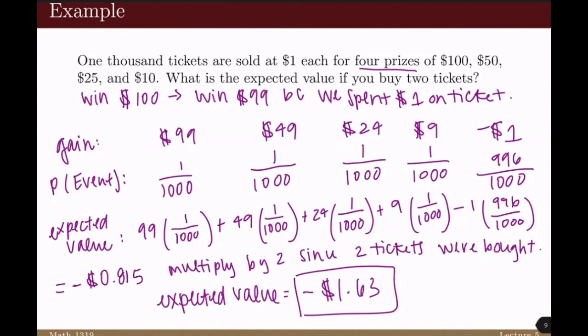But overall, in general, you can expect to lose about $1.63 every time you buy 2 tickets. That's what this means. So even though you may have won $100 1 or 2 times over all of the times you played this game, on average, you lose $1.63 every time you play this game. That's what expected value means.